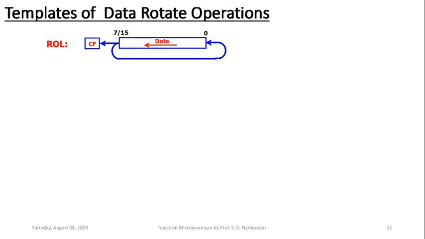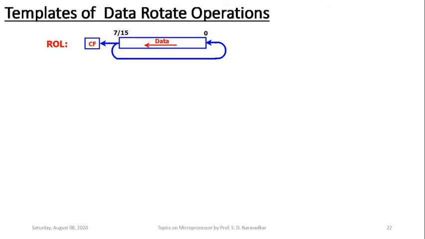Rotate left has 2 operations, rotate left and rotate left through carry. Similarly, rotate right will have 2 operations, rotate right and rotate right through carry. It means that rotate operations are without carry and with carry, both rotate left and rotate right. So these templates now I want to explain one by one.